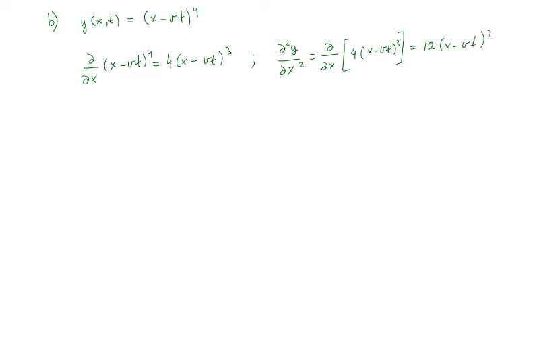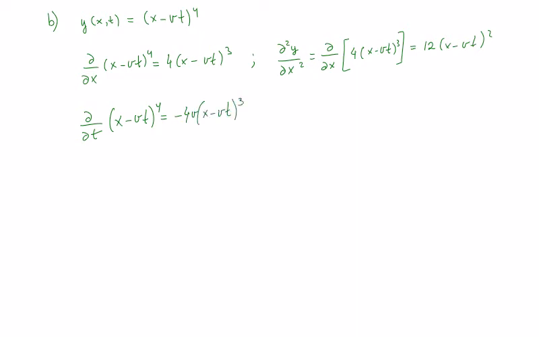Now let's take the partial derivative by t. So d dt of (x minus vt) to the 4 gives us negative 4v (x minus vt) cubed.